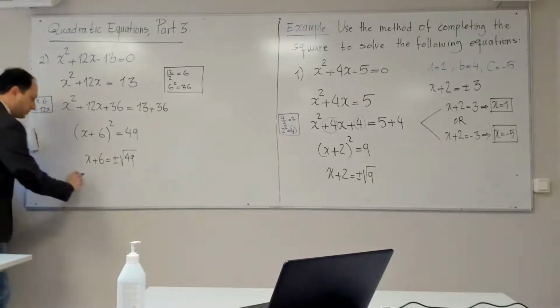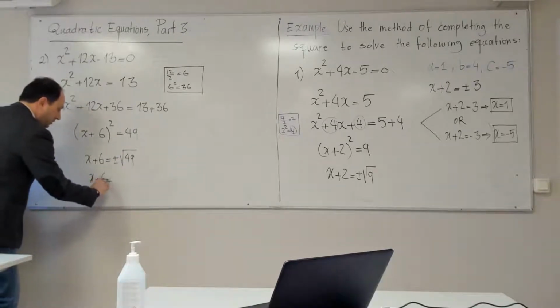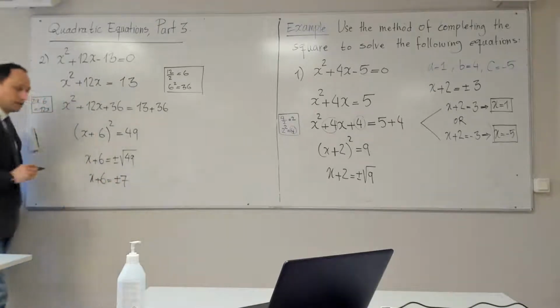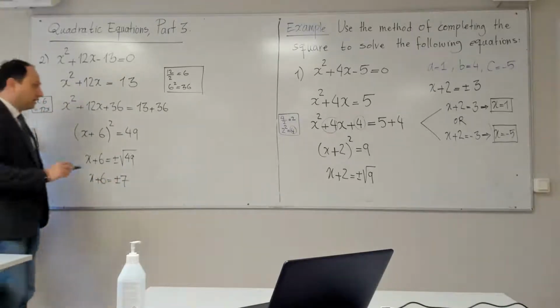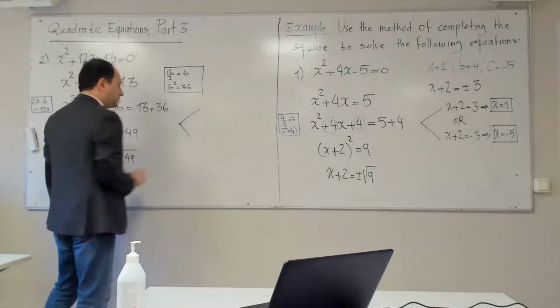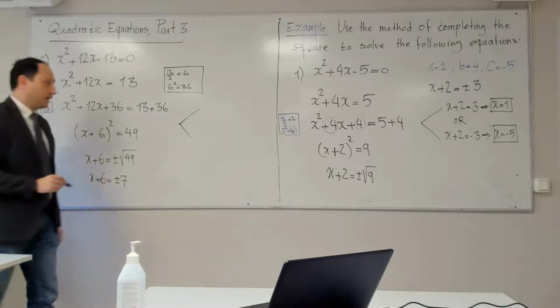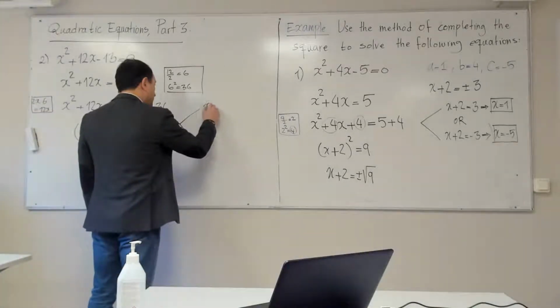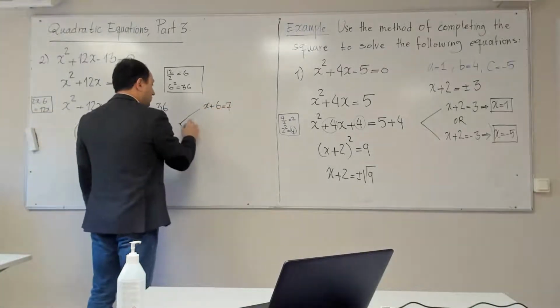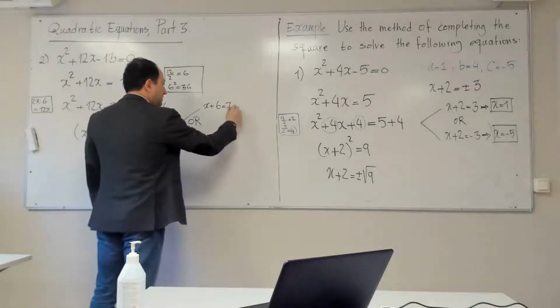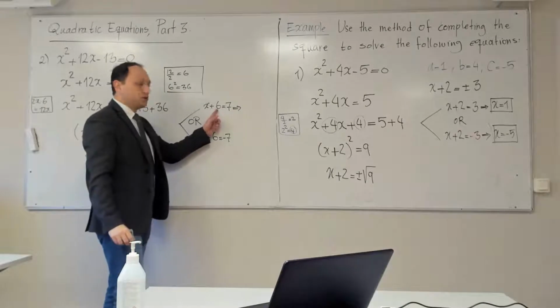And then we know what to do. Here, of course, the square root of 49 is 7, so it becomes plus and minus 7. And then from here, I have to divide my problem into 2 problems, one with the positive sign and the other one with the negative sign. So it becomes x plus 6 is equal to 7, or x plus 6 is equal to minus 7. But I think you can immediately move this in your head to the right.